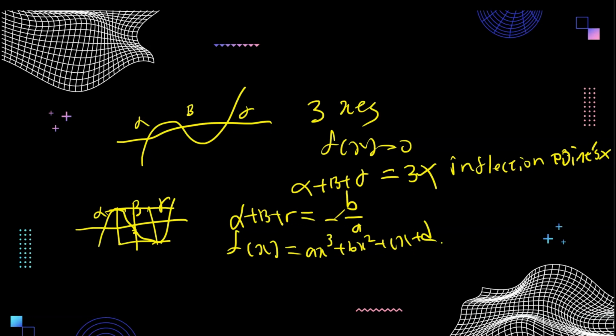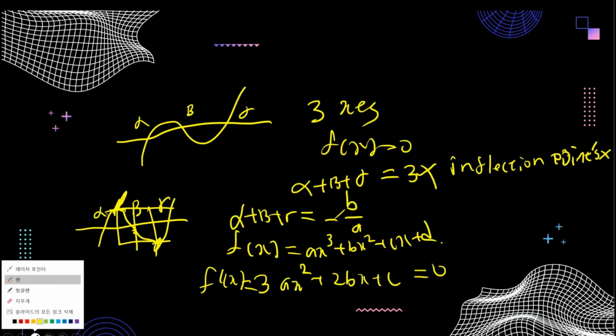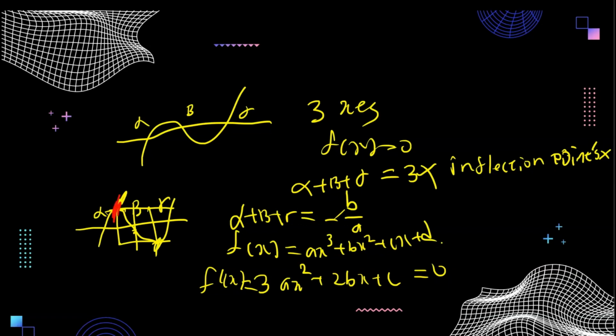If we make this f prime x, it is 3ax squared plus 2bx plus c. When f prime x is 0, it is at these points. Let me swap the colors. These points are where f prime x is 0. So 3ax squared plus 2bx plus c equals 0.